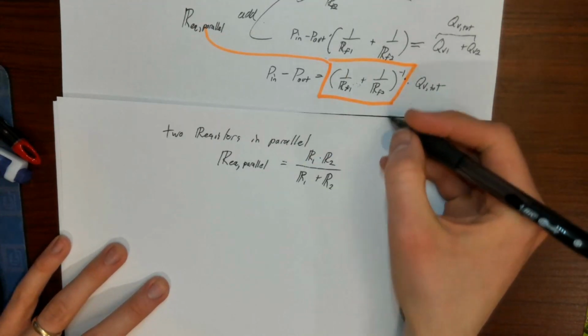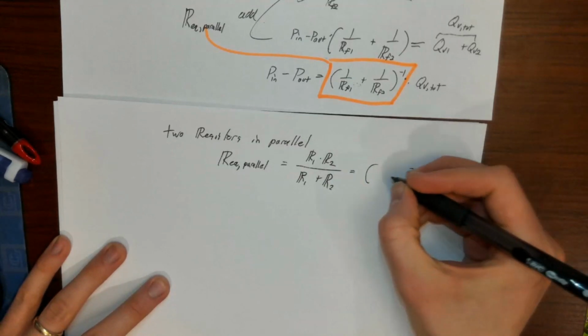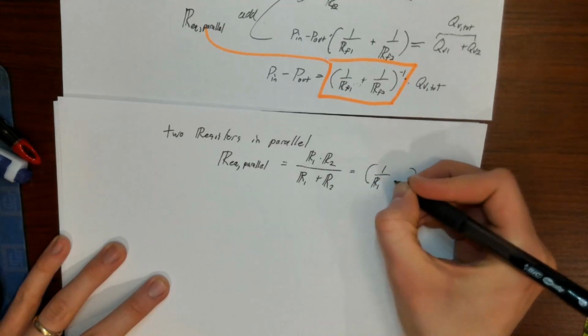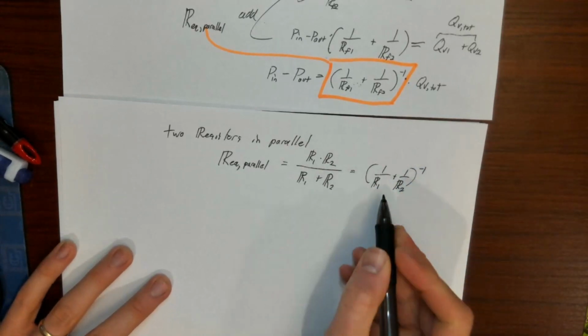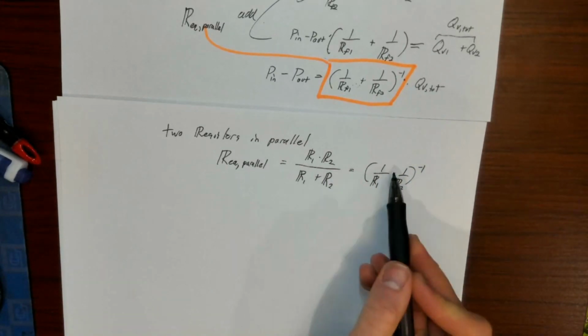So basically that equals 1 over R1 plus 1 over R2, to the minus 1. These two things are basically equivalent to one another.